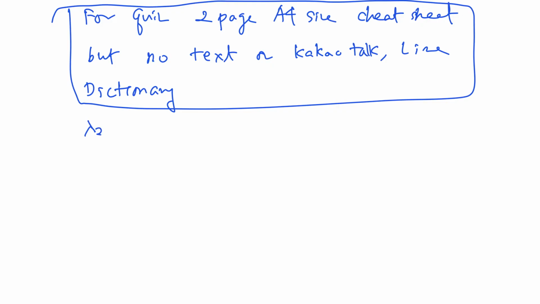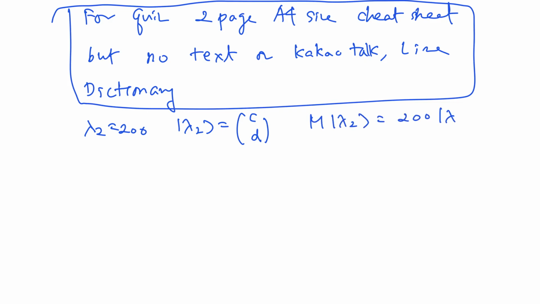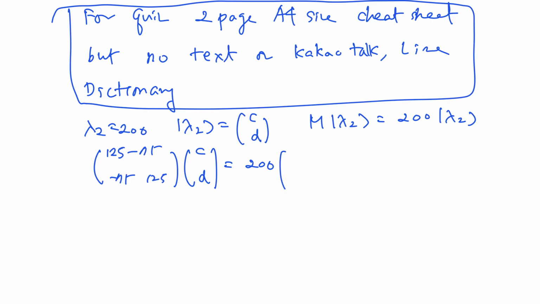So lambda 2 is 200. And let's say the eigenvector is (C, D). So M times the vector is 200 times the vector. 125, -75, -75, 125 times (C, D) is 200 times (C, D).